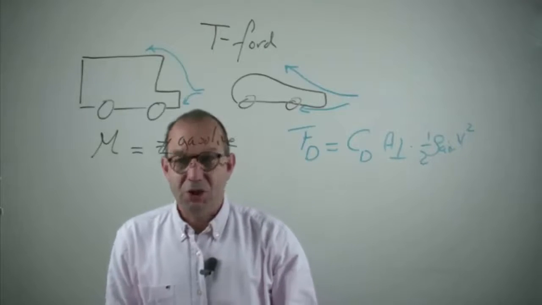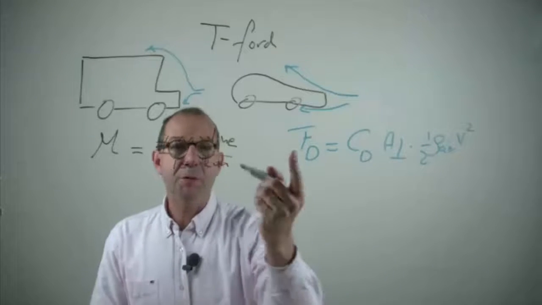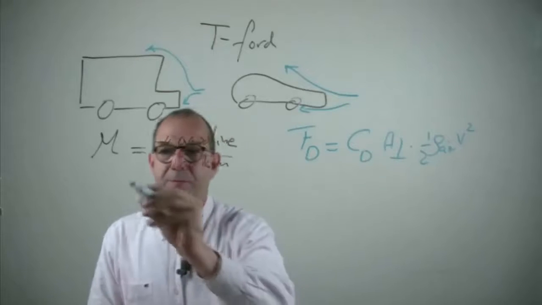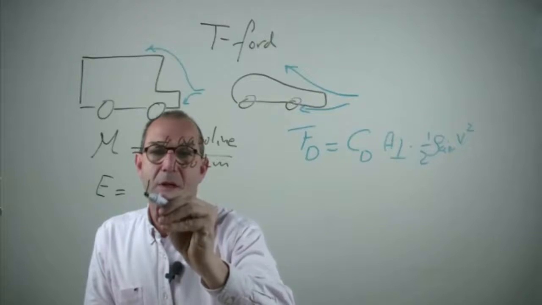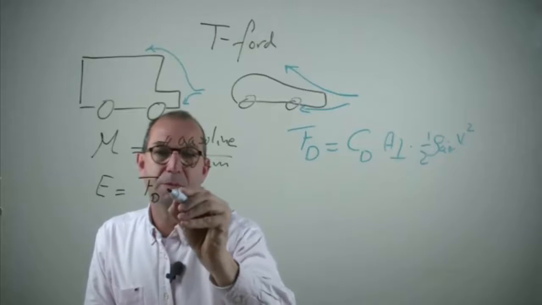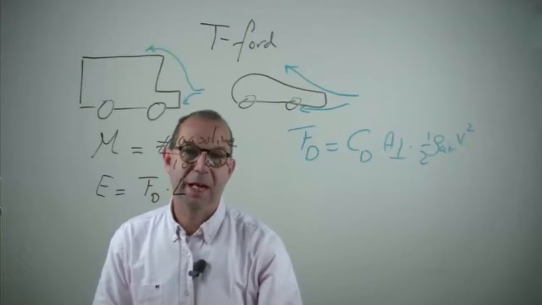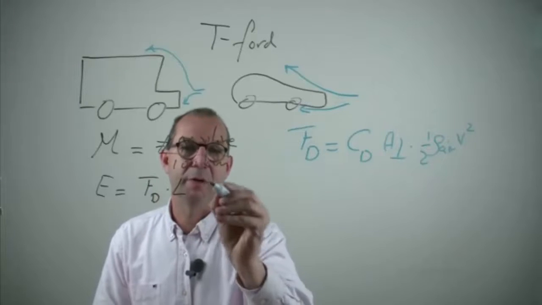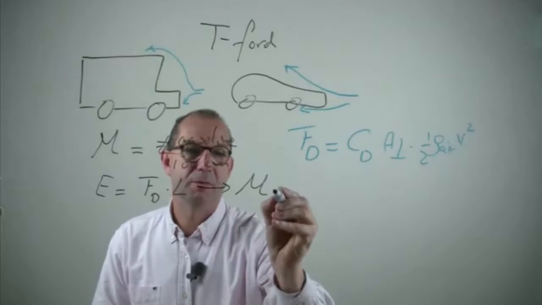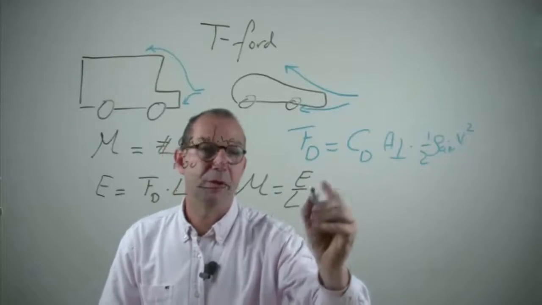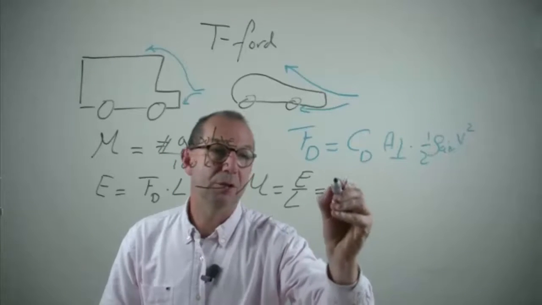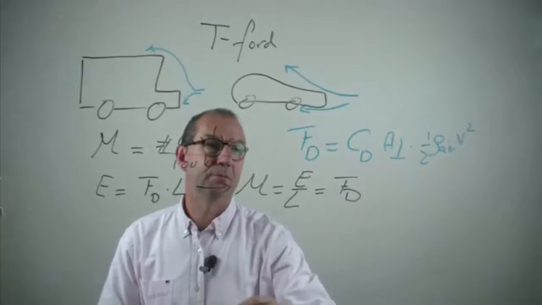To find the mileage, we have to equate energy consumption. Energy, or work, is force times path, the length of the path that we're driving, and thus the mileage, energy per unit of distance traveled, equals the drag force.